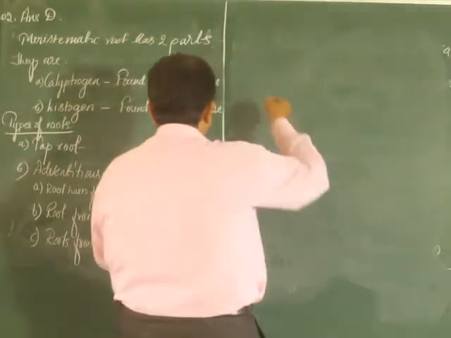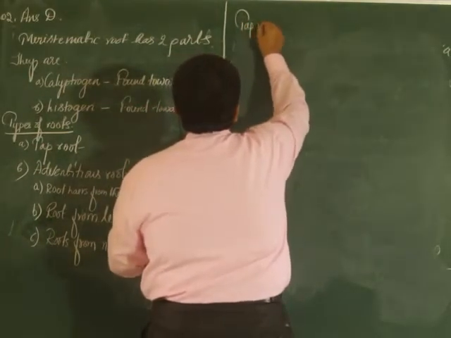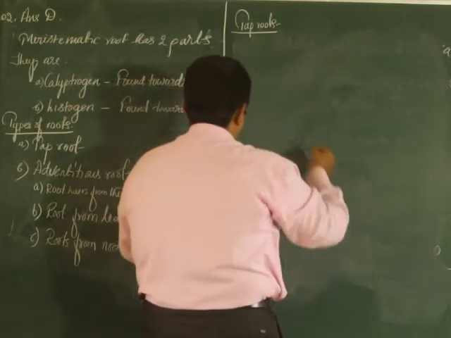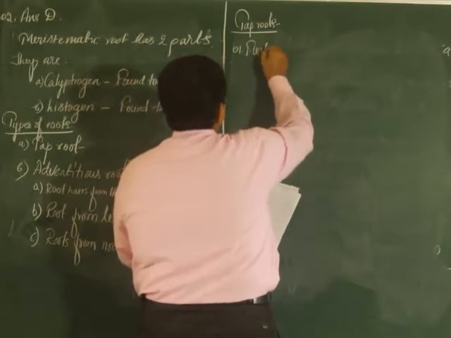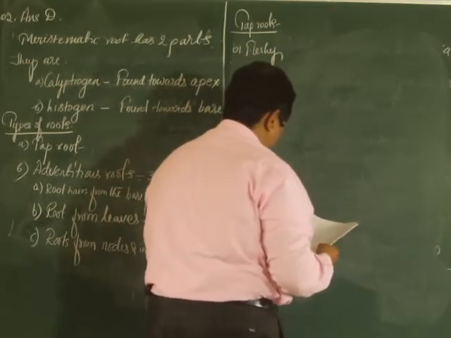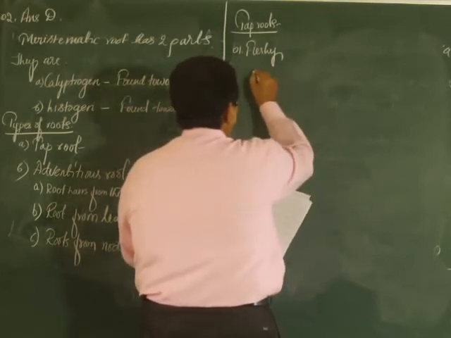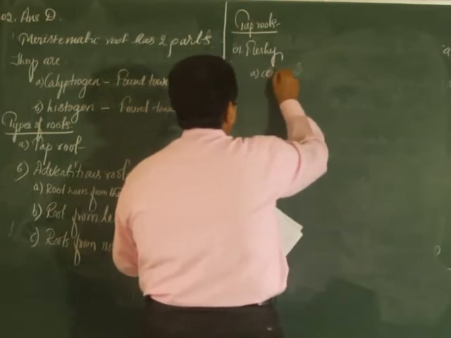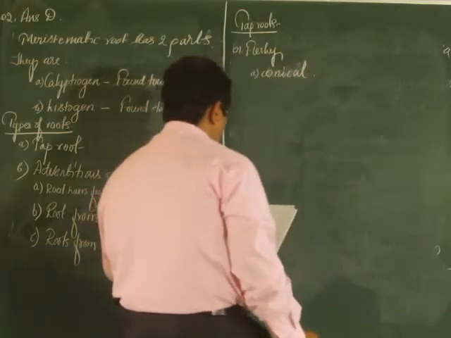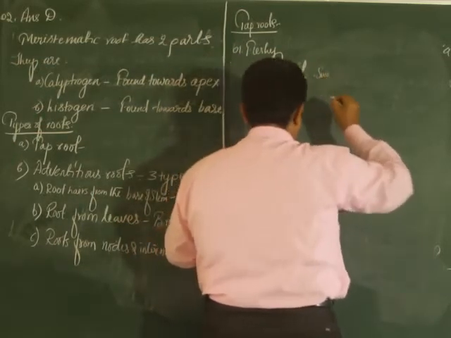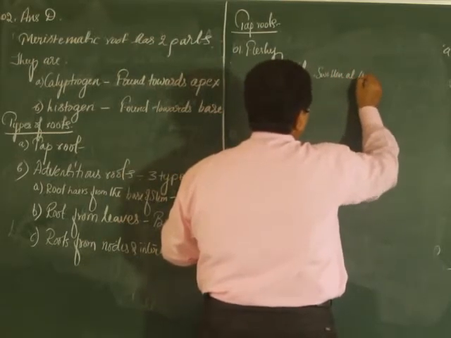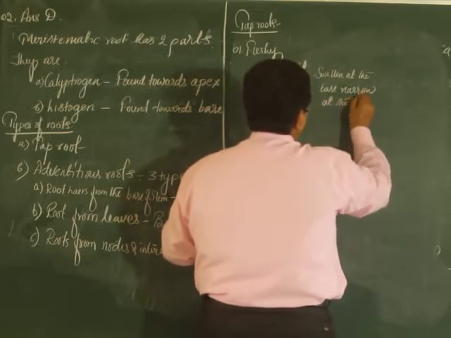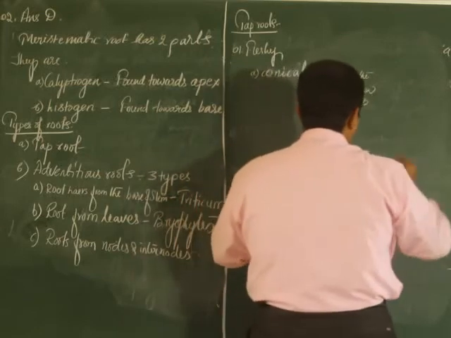Under fleshy type, fleshy taproot, first one is conical taproots, swollen at the base, narrow at the tip. And it is seen in carrot.